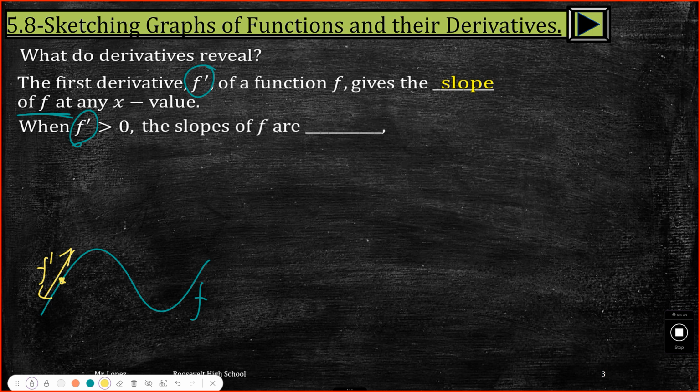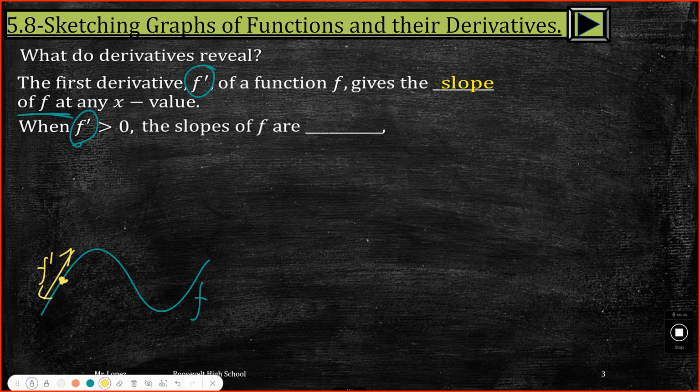When f prime is positive, the slopes of f are positive.